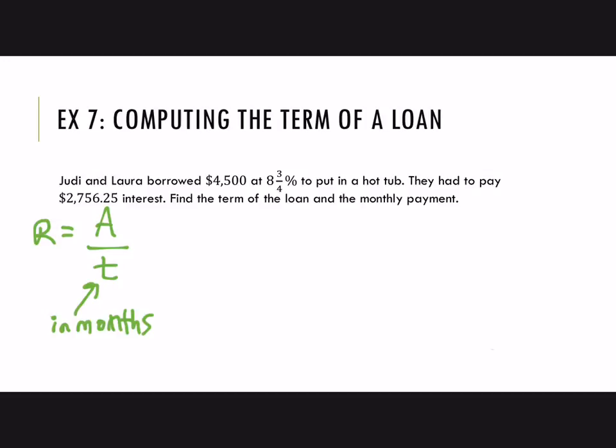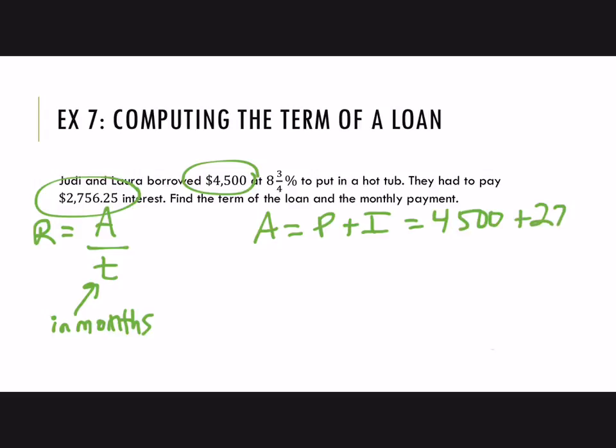All right, so we know that they borrowed $4,500, and then they also had to pay this amount in interest. So future value is principal plus interest, or 4,500 plus 2,756.25. All right, so the total amount that they owe is 7,256.25.